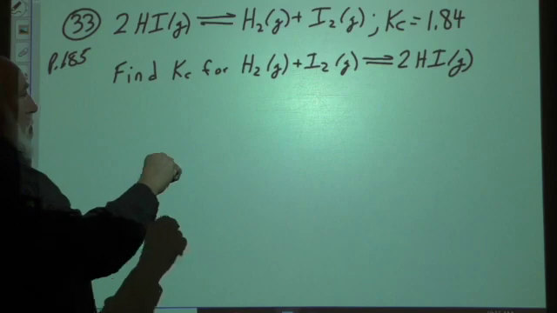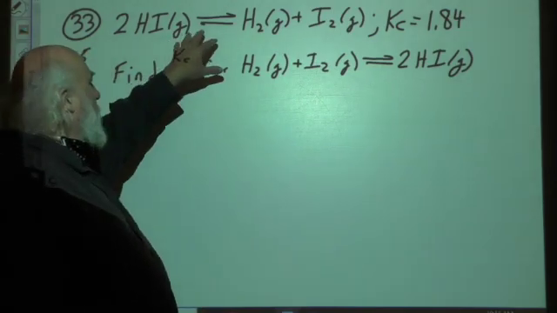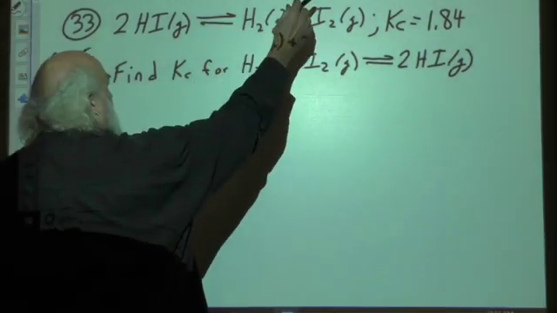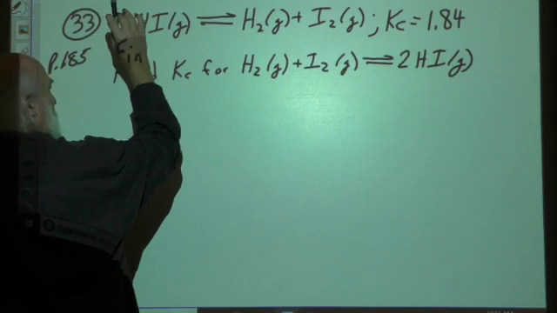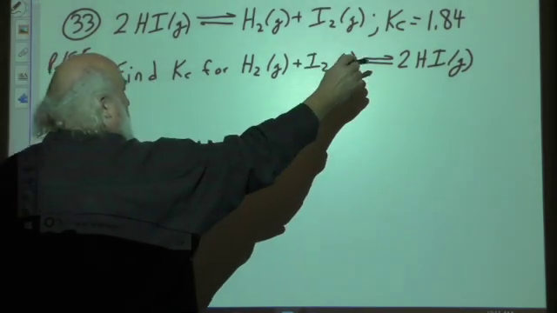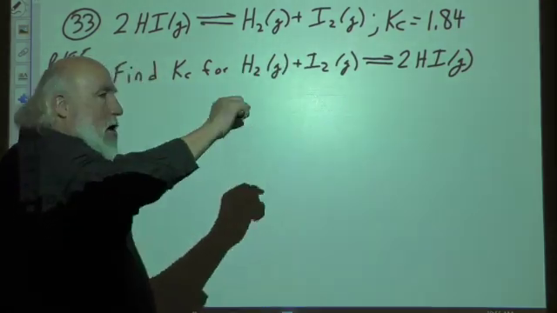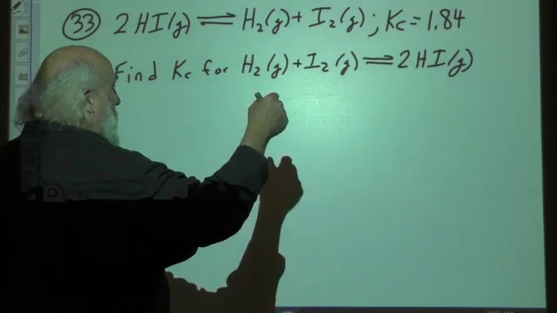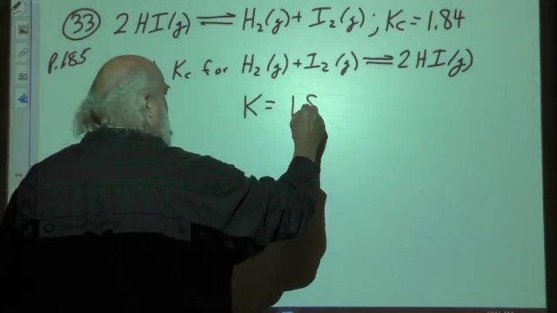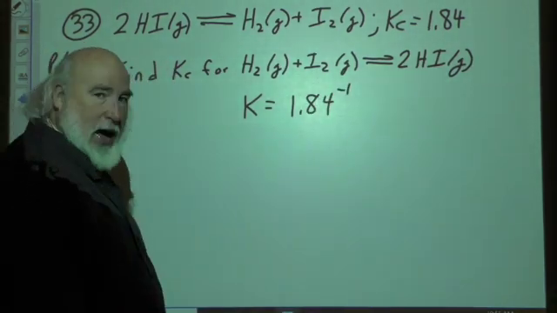Now remember when we talked about this before, that when we have the value for this, we know that this is H2 times I2 over HI squared. So the reverse is going to be HI squared over H2 times I2, so they are reciprocals of each other. So the value of K for this is going to be the reciprocal of 1.84, which we can write as 1.84 to the negative 1 power.